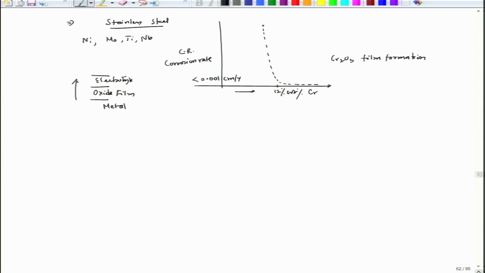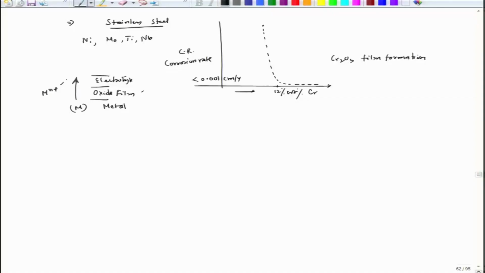This is the metal which is forming the oxide, with oxide films forming on top of the metal. These metal ions migrate through the oxide film and come to the electrolyte, and there they dissolve. So, if the oxide film is modified so that the diffusivity of this metal ion is reduced, of course, it will reduce the corrosion rate of that metal.